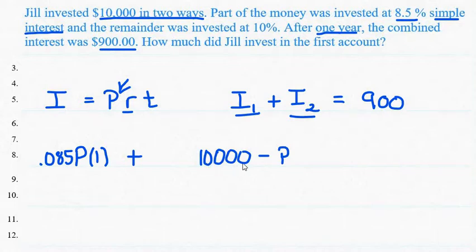So we can just simply say 10,000 minus P. So this part of the equation is just this.